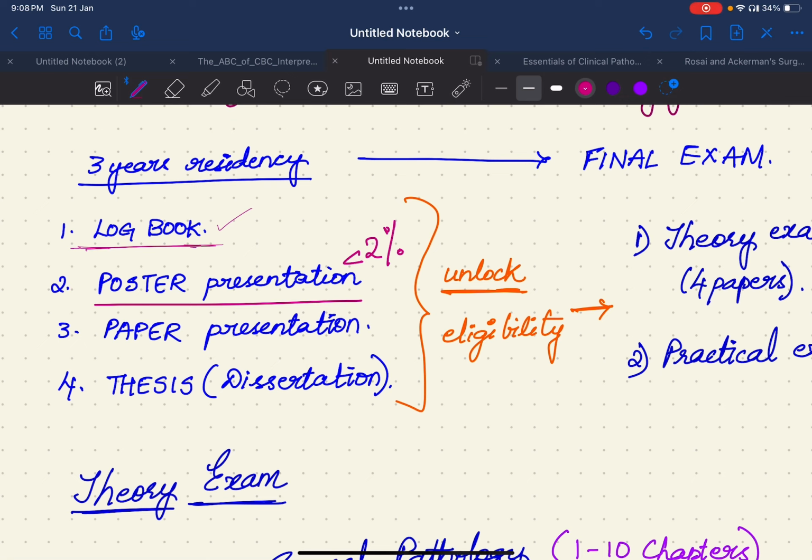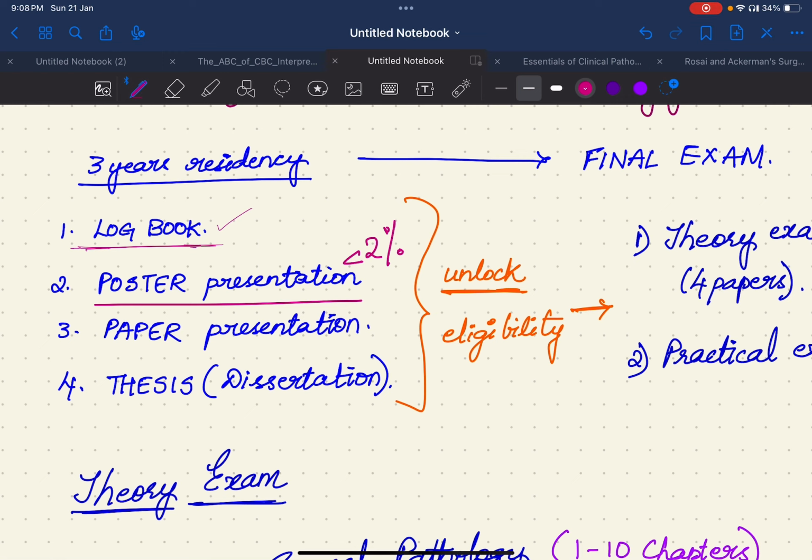This case should come from your own college and the incidence rate should be less than 2%. You make a poster with the help of your faculty. My poster topic was eosinophilic solid and cystic renal cell carcinoma. It has an incidence rate of less than, I think, 0.2%, one of the rarest cases and the newest entity of the renal cell carcinomas as per WHO.